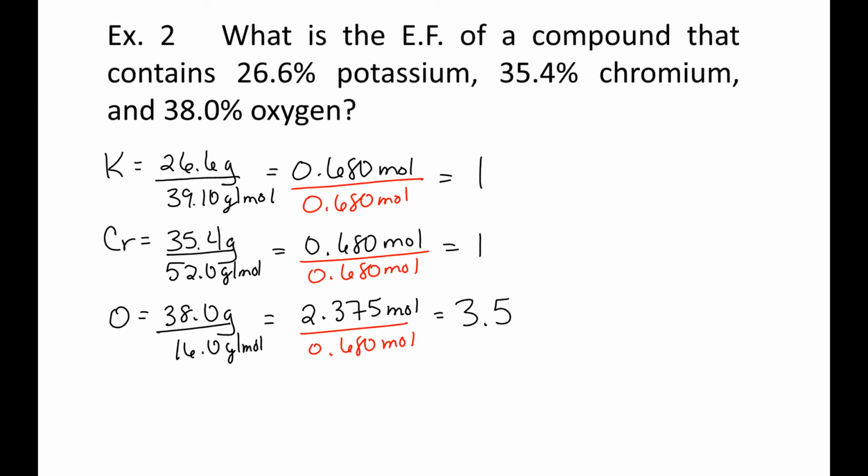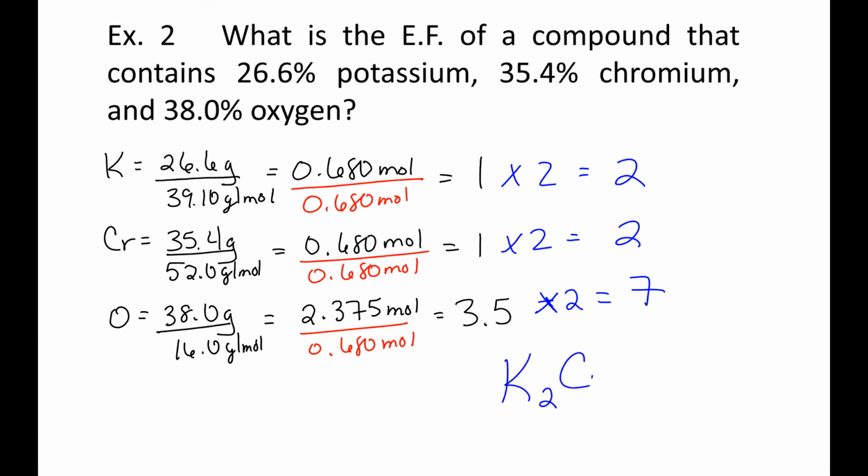Well, obviously, that's not a whole number. So now we have to multiply everything by 2. Times 2, we get 7. So now it's K2Cr2O7.